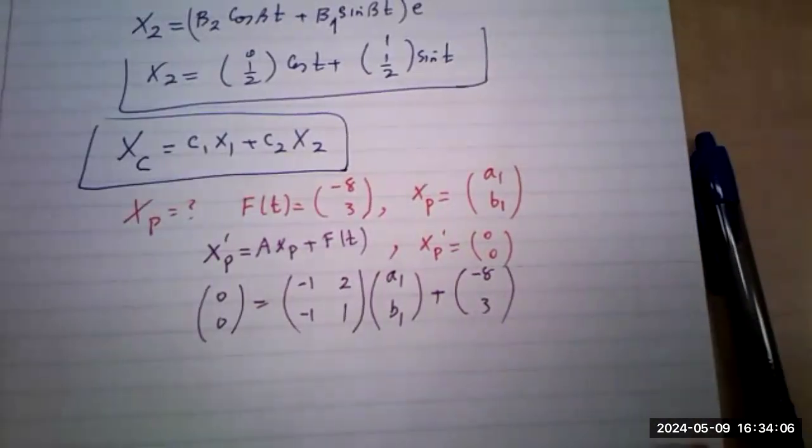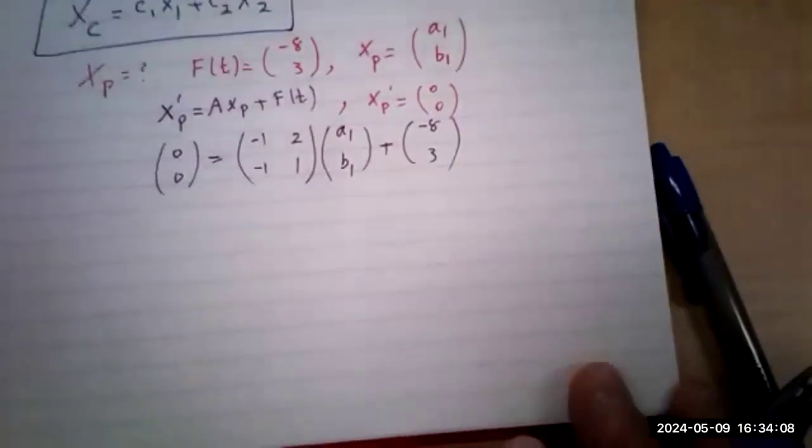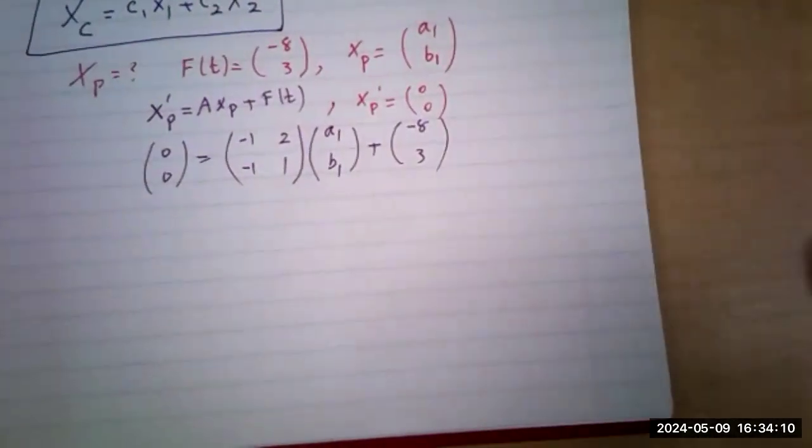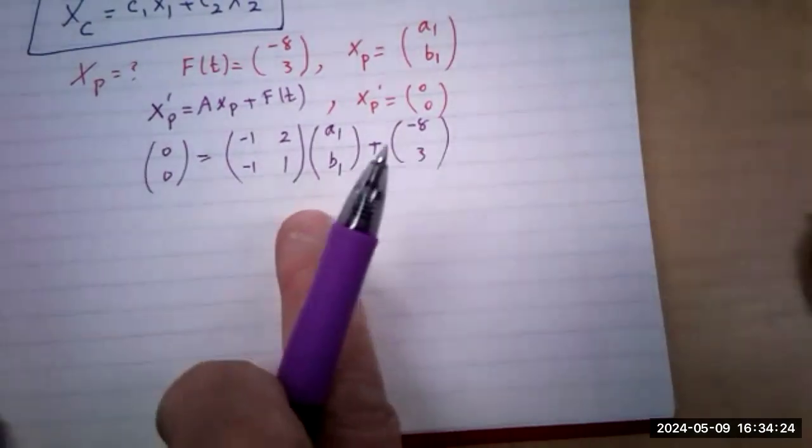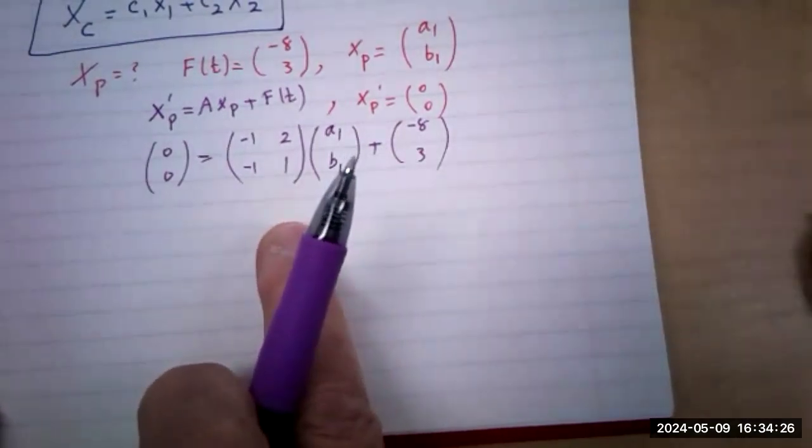You have to simplify this matrix, then use the condition for the equality of two matrices. Two matrices are equal to each other if their corresponding components are the same. Then eventually you end up with a system of equations, and you'll be able to solve that system to get a1 and a2. So we have to work on this to simplify it.